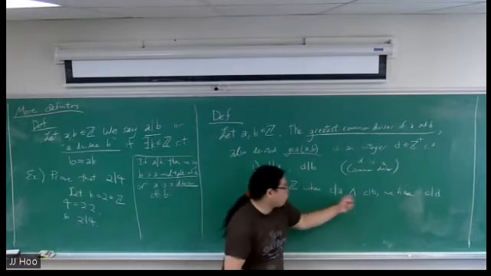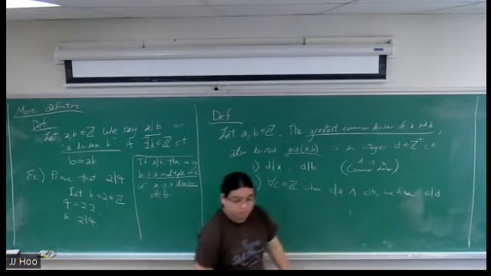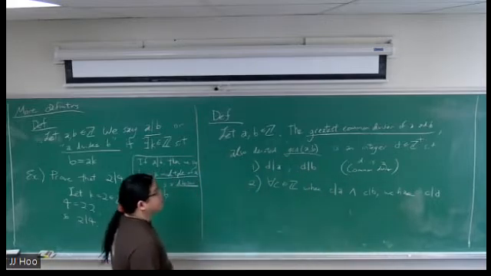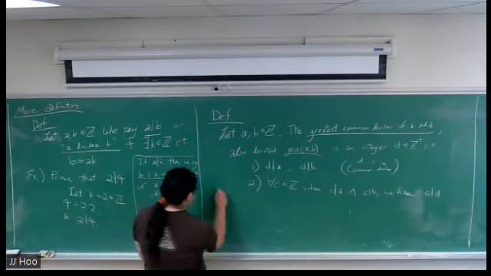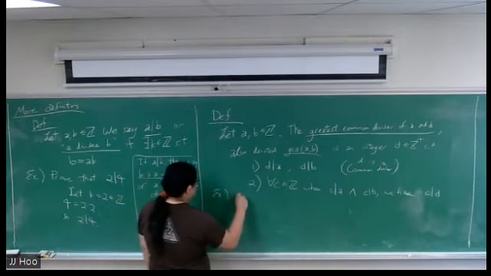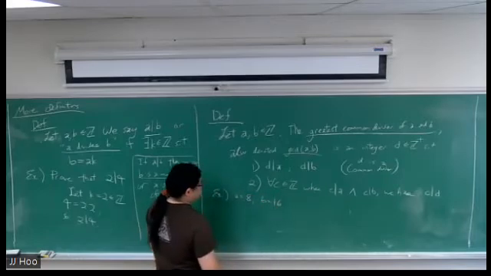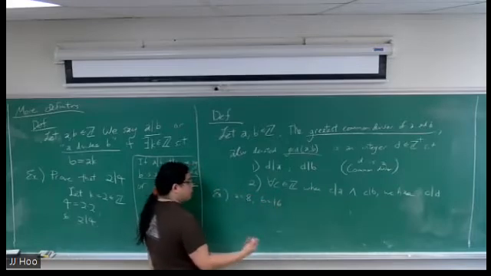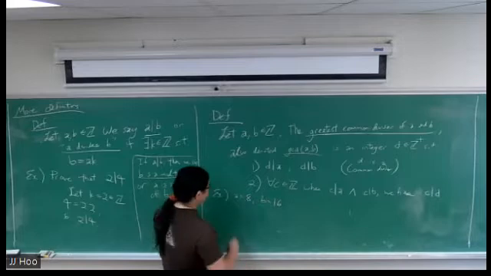This part says for all common divisors C, those common divisors all divide into D. And so if we have A equals 8 and B equals 16, I can find all the common divisors. I've got 8, I've got 4, I've got -4, all these things. And then what's the biggest one? The biggest one will be 8.